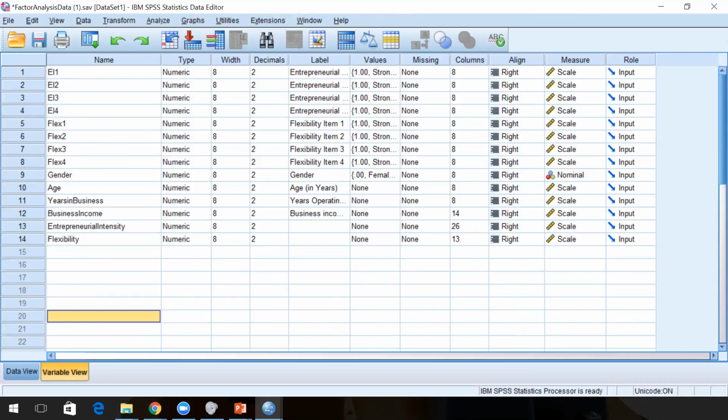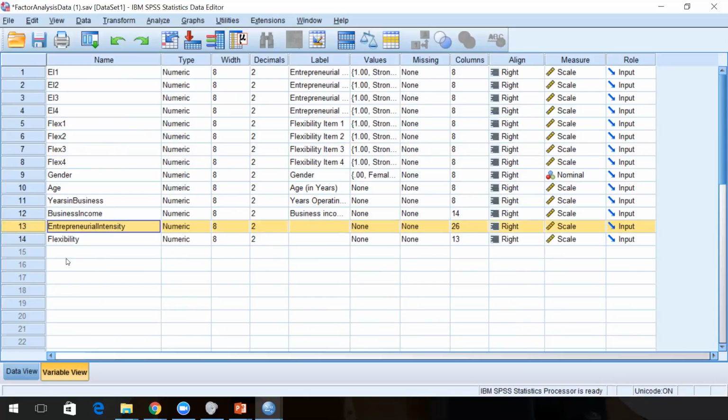Let's look at my independent variables. I have flexibility and intensity. Well, given that those are derived from Likert scales, some people would say those are ordinal. Well, if they're ordinal, we couldn't even combine the questions. If these variables are ordinal, summing them together to create entrepreneurial intensity doesn't make any sense.